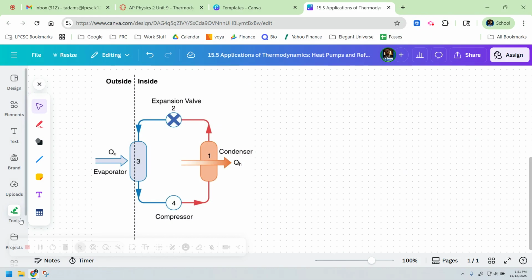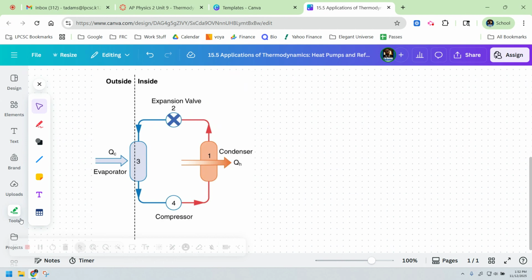So in heating mode, the heat transfer QC occurs to a fluid in the evaporator from the colder outdoor air, turning it into a gas. The electrically driven compressor increases the temperature and pressure of the gas and forces it into the condenser coils inside the heated space.